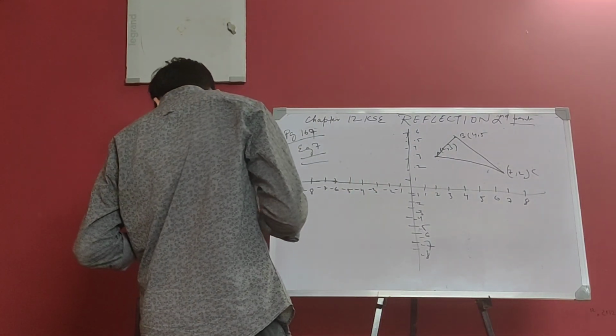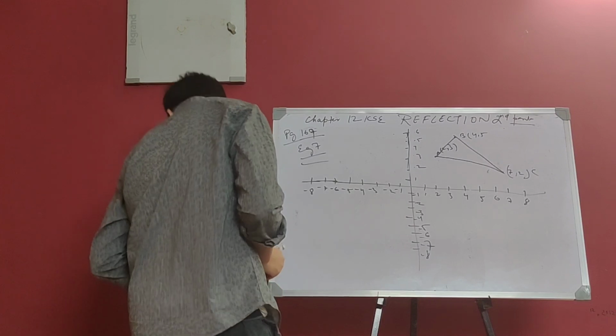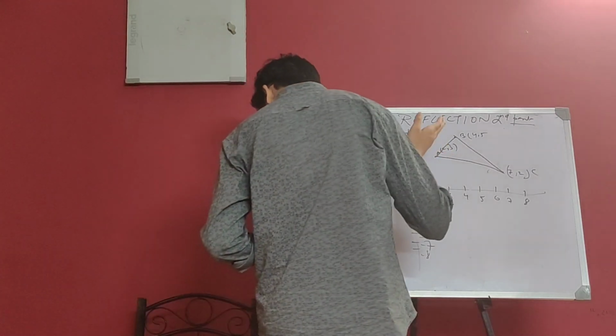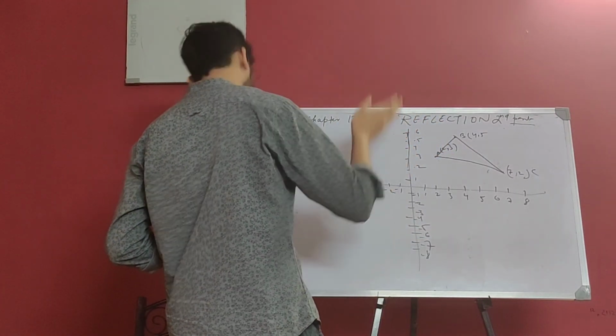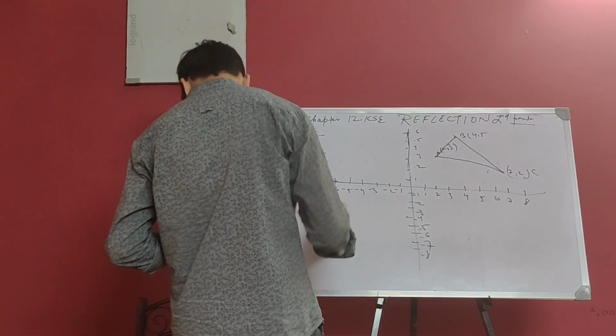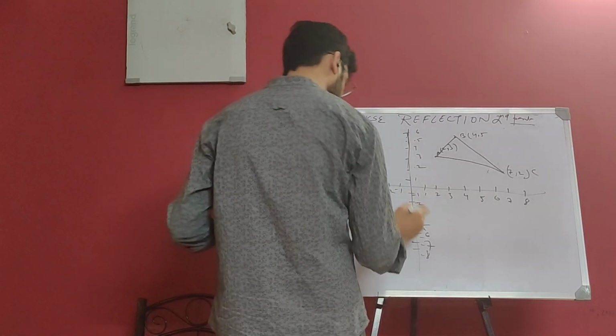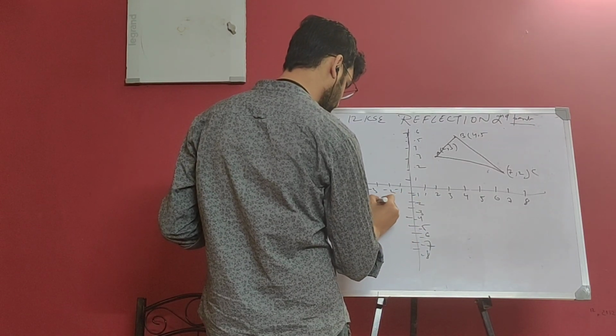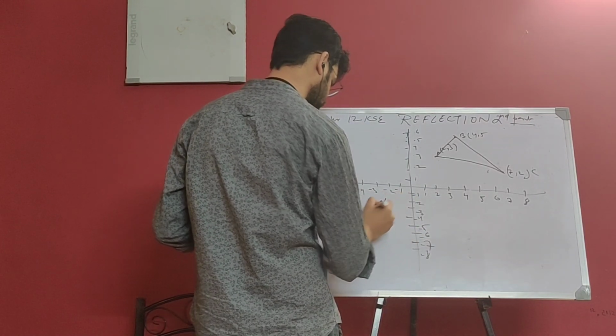The first question, write the coordinates of A dash, B dash, C dash if A dash, B dash, C dash is the image of triangle ABC when reflected in the origin. So my value of A dash, B dash, C dash comes here. A dash will be minus 2 comma minus 3, here will be A dash.